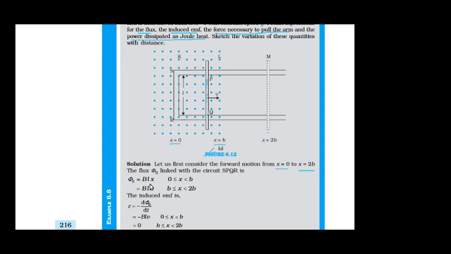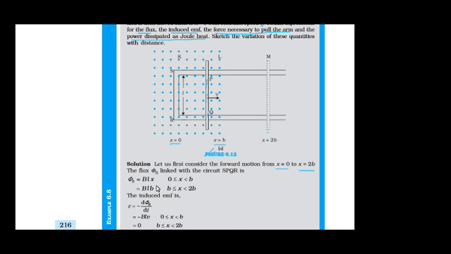B is the magnetic field, Lx is the area of the rectangle, where x is greater than or equal to 0 and less than b. And for x greater than or equal to b and less than 2b, instead of x we can write b. So phi B is equal to BLb.